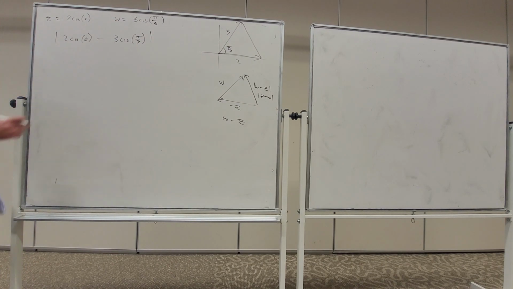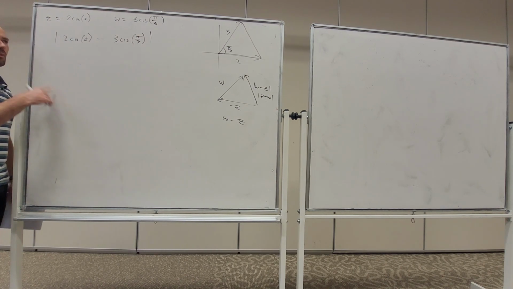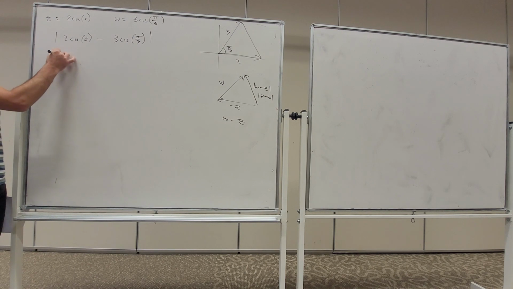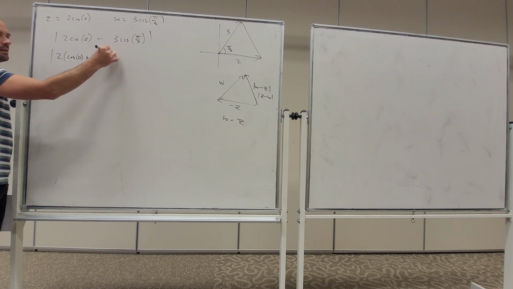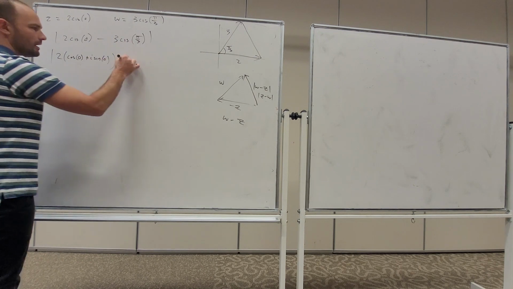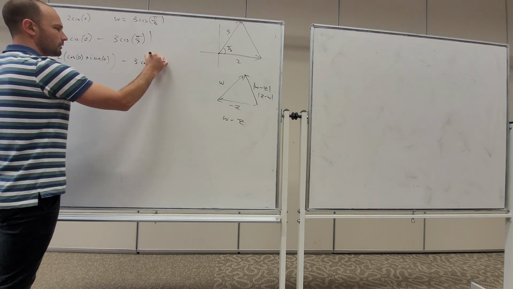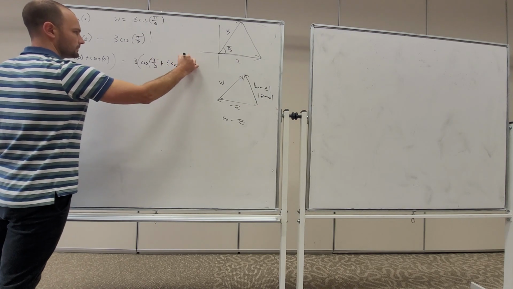The quick way is just plug that in your calculator. The long way is to think, that becomes 2 cos of 0 plus i sine of 0, and over here we'll have 3 cos of pi on 3 plus i sine of pi on 3.